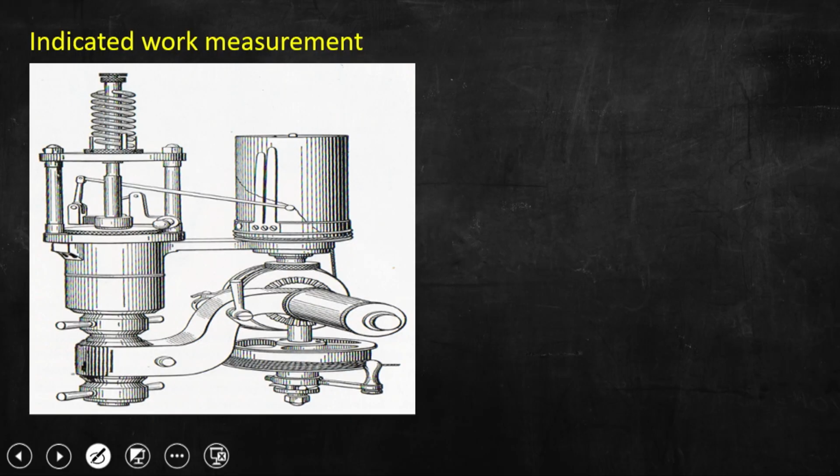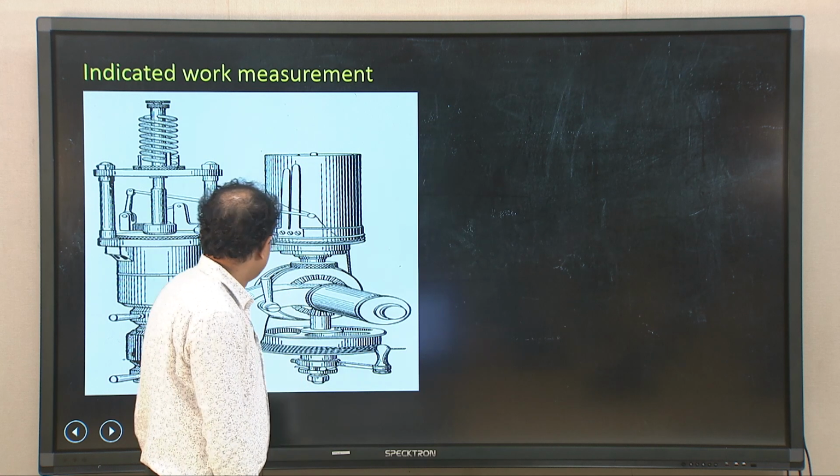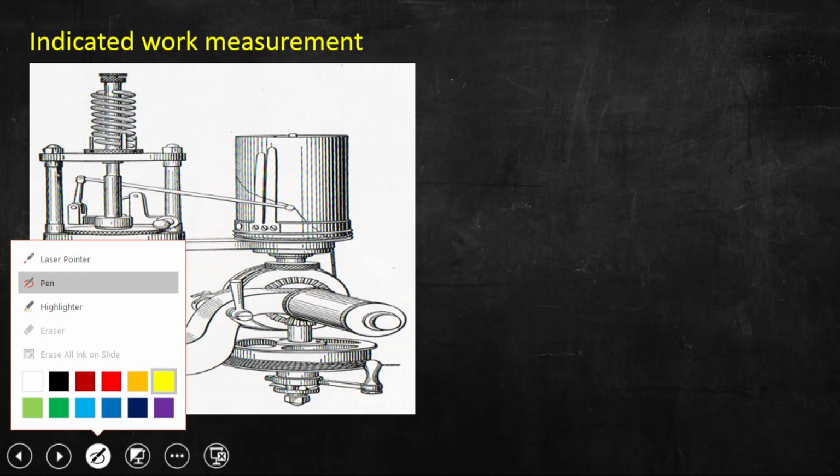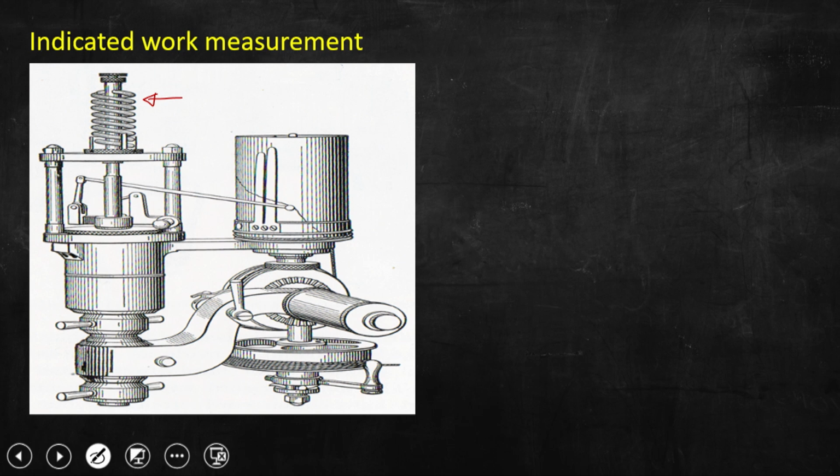Though all components are not labeled in the schematic, you can see that this is essentially a spring, this is a small drum. I will tell you the exact functionality of all these components or parts later on, but let us first label all these components.